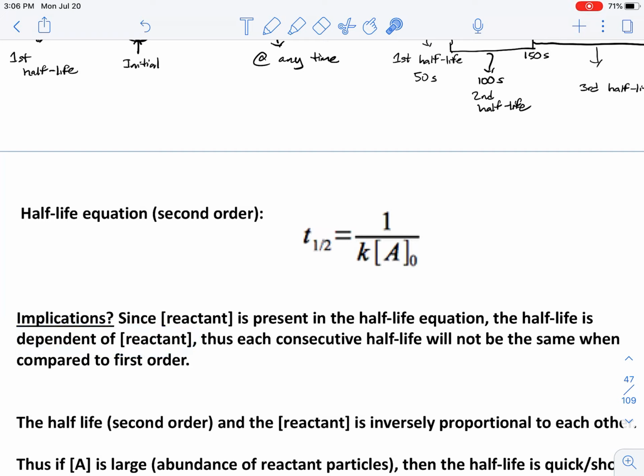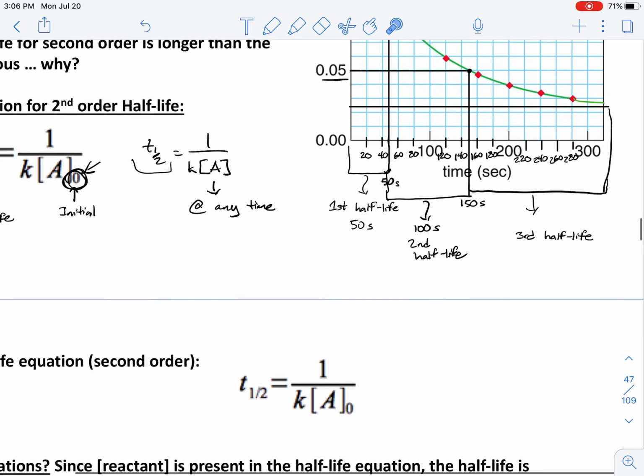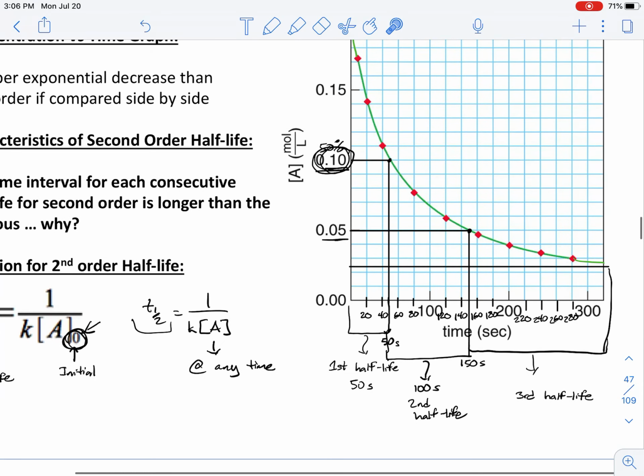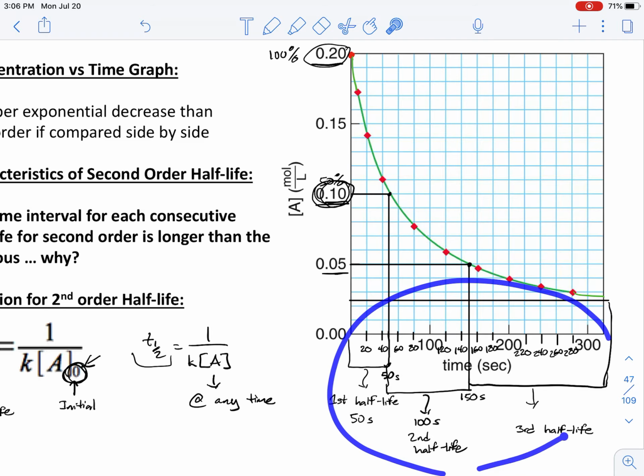And so because it's concentration dependent, all consecutive half-lives will not be the same compared to the first half-life. And this is already observed. We can already see it by looking at this graph.